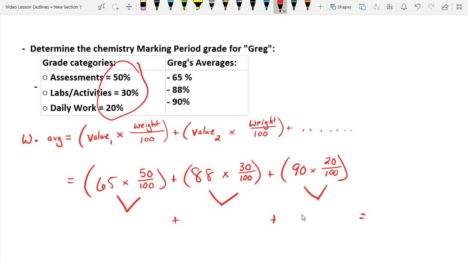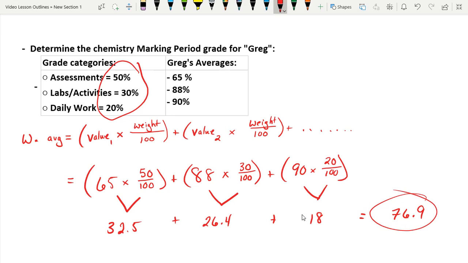So for this first section, we would get a value of 32.5. For the second section, we would get a value of 26.4. And for the third section, we get a value of 18. So in total, we add those three things together, and his grade for the marking period would be 76.9.